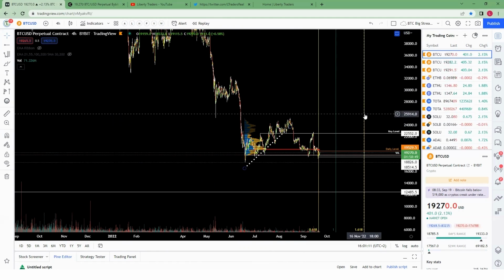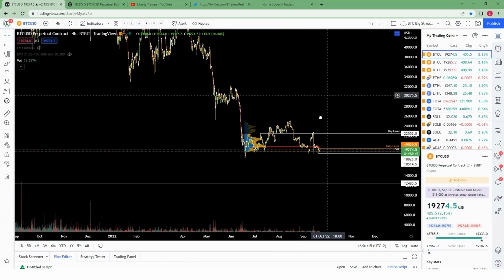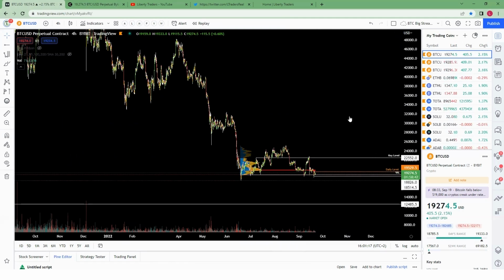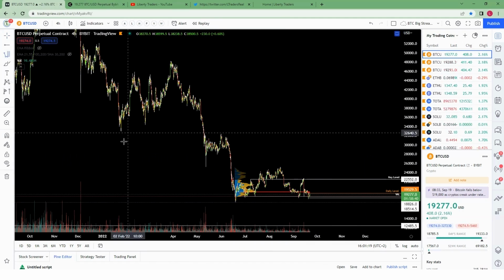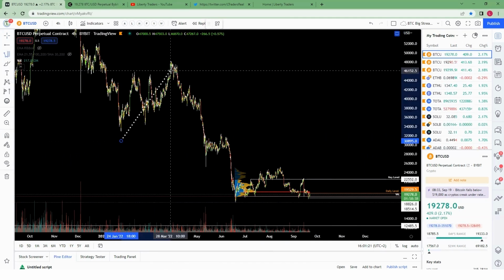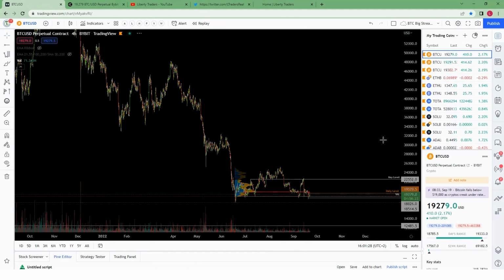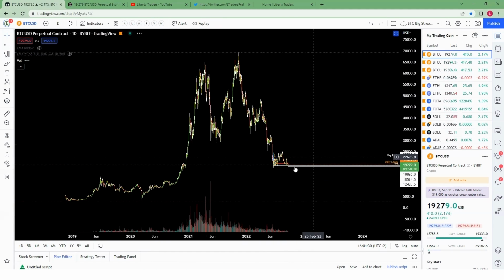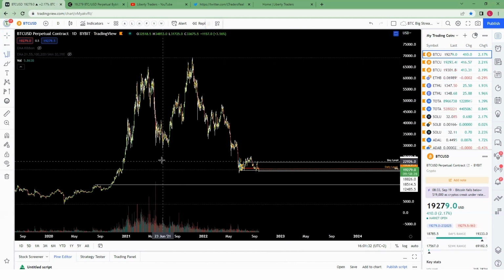We can also be looking at where the support should be coming in. We've already extended all the fib times. We've already come into the 1.618. It's extended way beyond the time that it should take for this correction. So it's getting very interesting in terms of time.